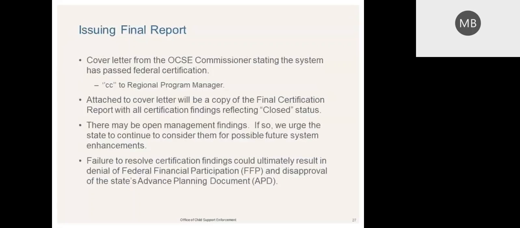The letter and report will also be CC'd to the regional program manager. There may be open management findings. If so, we encourage the states to accept the recommendation and address the issues identified. At this point, the state is available for a transfer or as part of a hybrid solution for any other states or territories to use.